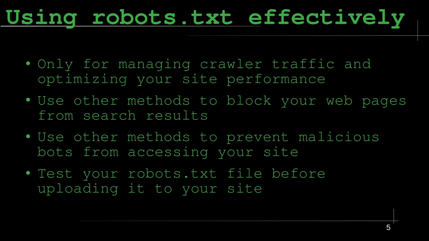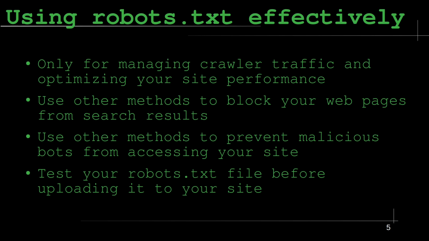So, how can you use robots.txt effectively and securely? Use robots.txt only for managing crawler traffic and optimizing your site performance. Don't use it for hiding or protecting your web pages from Google or other search engines. Use another method to block your web pages from search results, such as password protection or no-index meta tags.